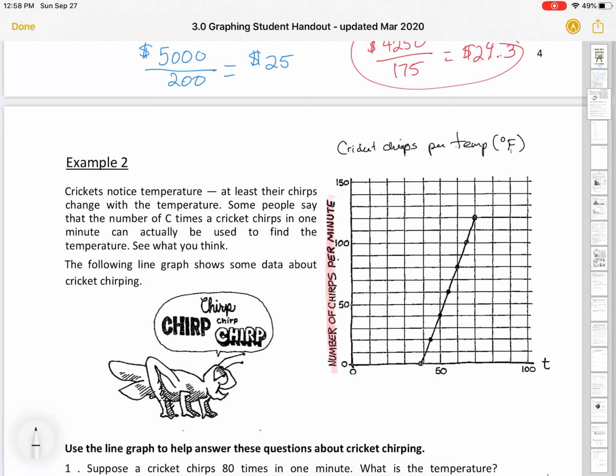It's an American graph. So this on the bottom is temperature in degrees Fahrenheit. We needed a title on our graph, and we needed a title on our x-axis. Temperature would be our independent variable, and our number of chirps would be our dependent variable.